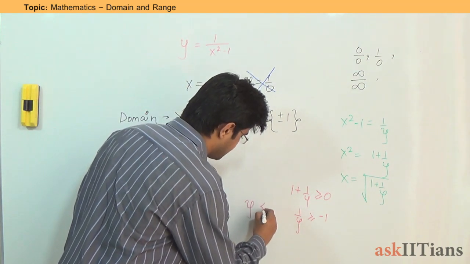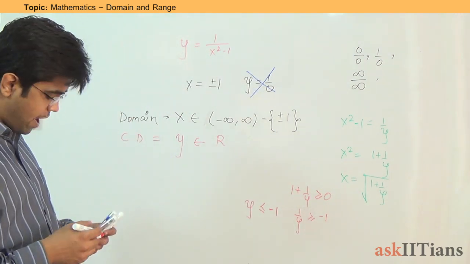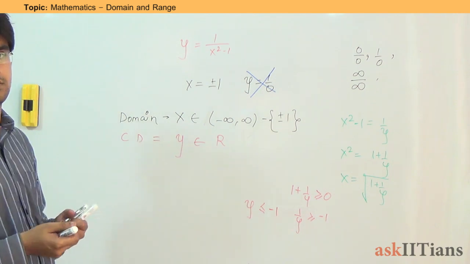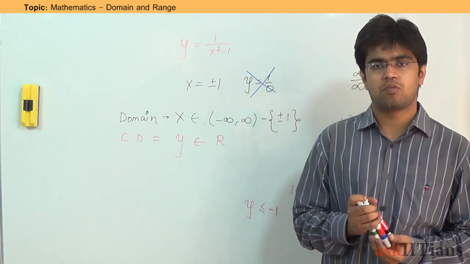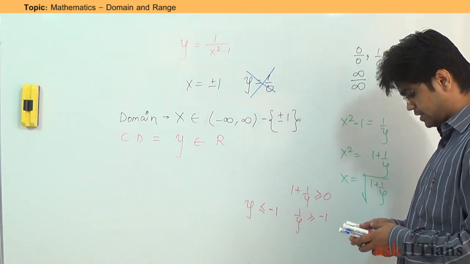That means y must be less than or equal to minus 1. You cannot put any value of y that is greater than minus 1. y is always less than or equal to minus 1.